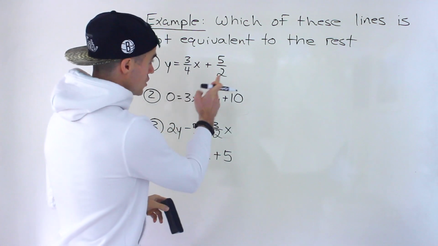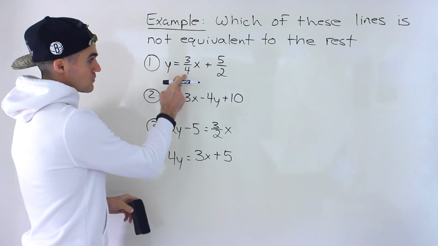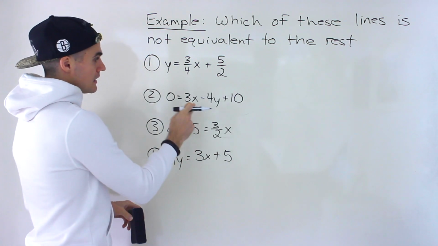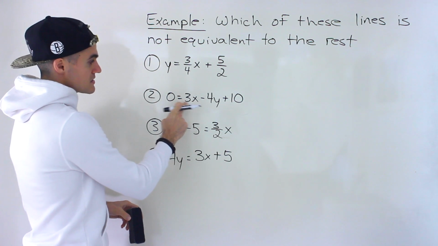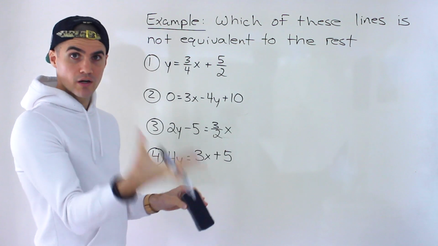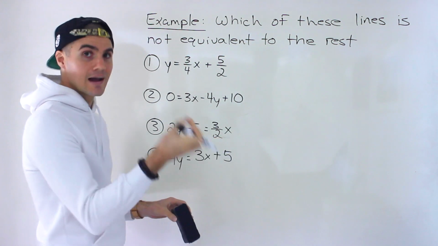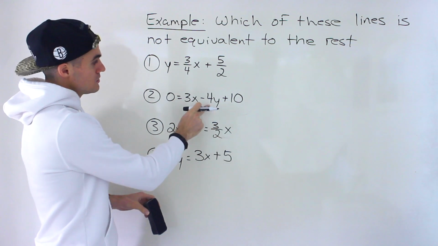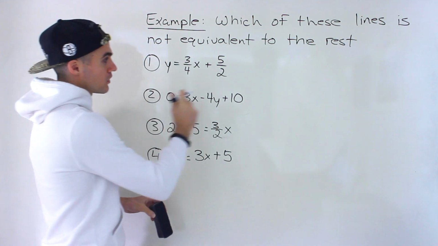Notice this one is already in that format, y equals 3 over 4x plus 5 over 2, right? mx plus b. Now what about this one? We've got 0 equals 3x minus 4y plus 10. When you're putting something into y equals mx plus b form, you want to isolate for the y. So what I'm going to do is bring this negative 4y over.